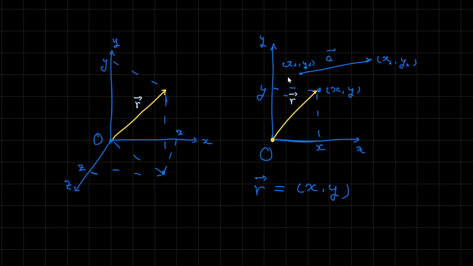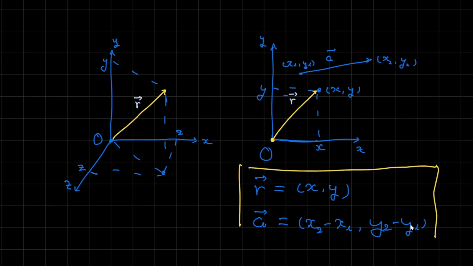And if we have a vector elsewhere like this, with the coordinates of the endpoint and the starting point being x2, y2 and x1, y1, we can write vector A as equal to (x2 - x1, y2 - y1). This is how you define a vector in a 2D coordinate system.